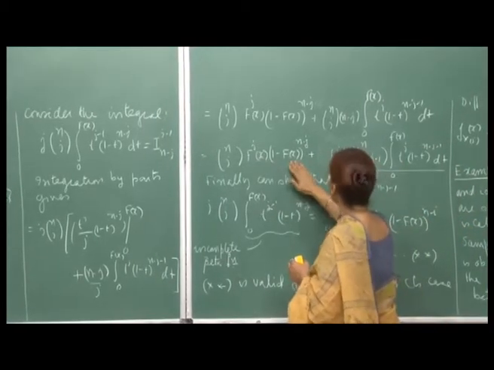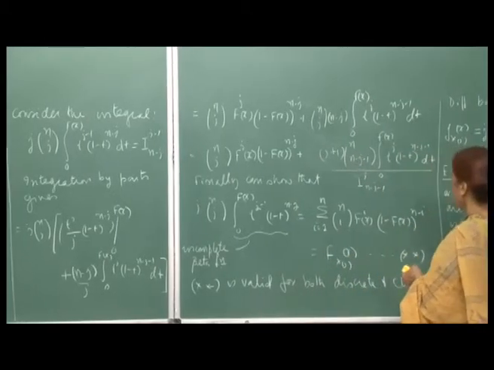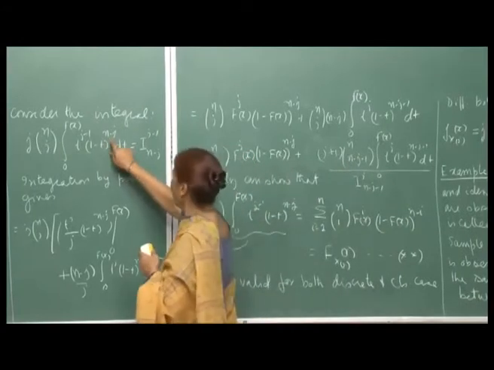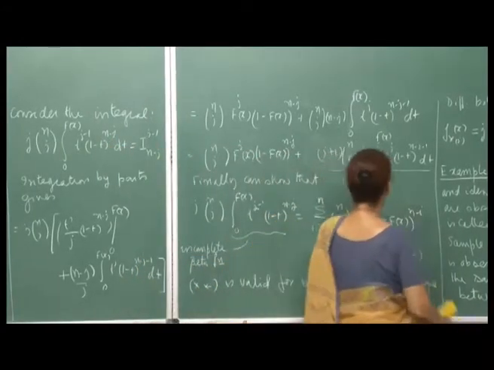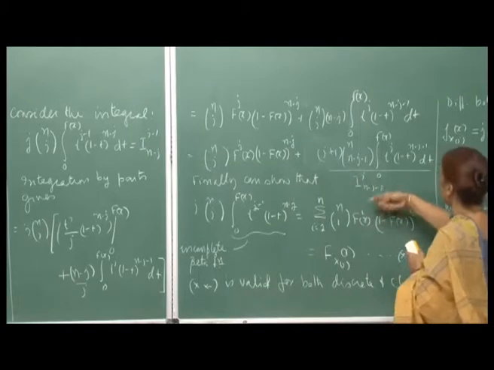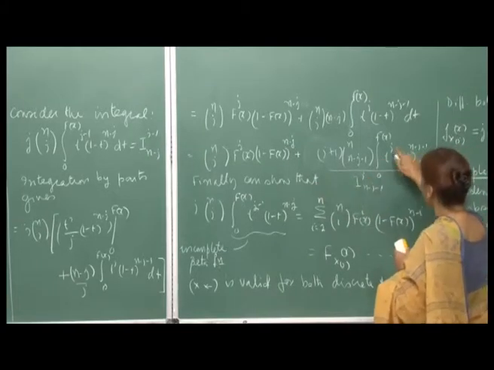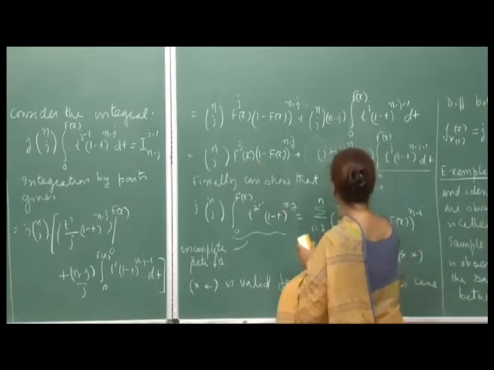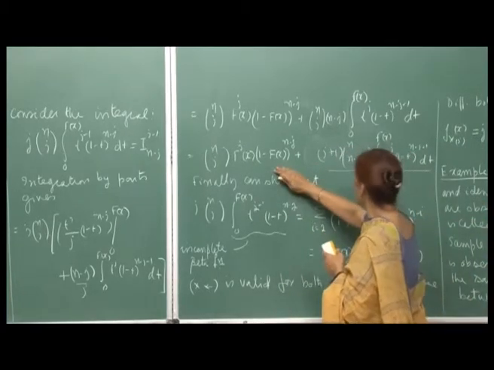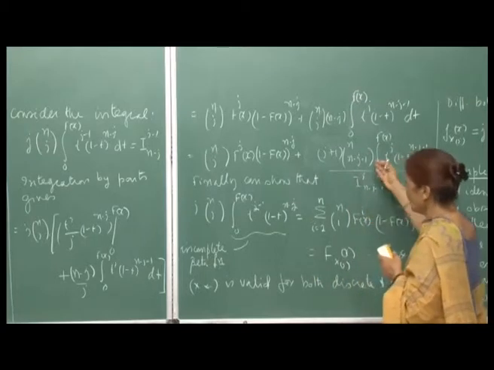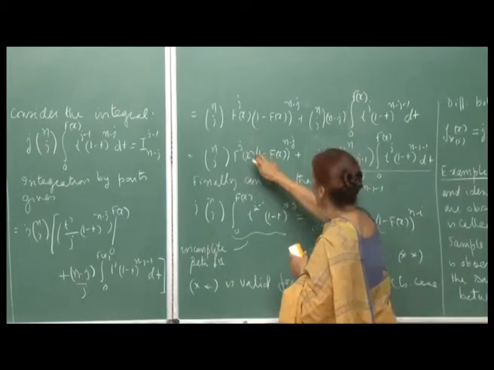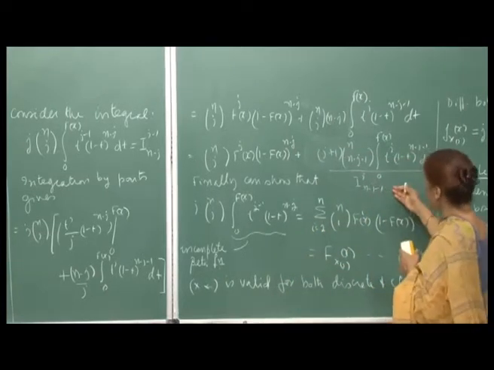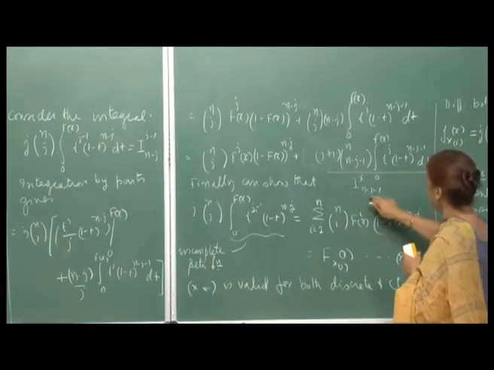So, now this plus integral where the power of the term 1 minus t raised to n minus j has now become n minus j minus 1, power of t is going up, right, from j minus 1 to j and so on. So, now iteratively when I integrate this by parts, I will again get a term here plus that will be j plus 1, F(x) raised to j plus 1, then n minus j minus 1, and then another integral which will be I of j plus 1, n minus j minus 2.